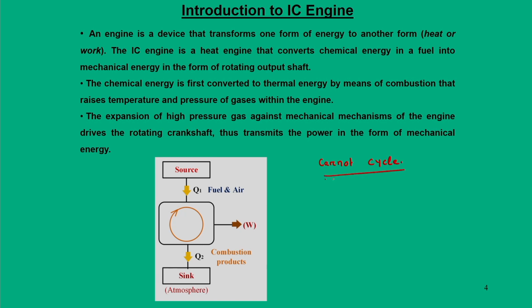So, in this Carnot cycle, if you look at this figure, we have a source, we have a sink, and between the source and sink there is a cyclic device. So, this particular circular one we call a cyclic device.